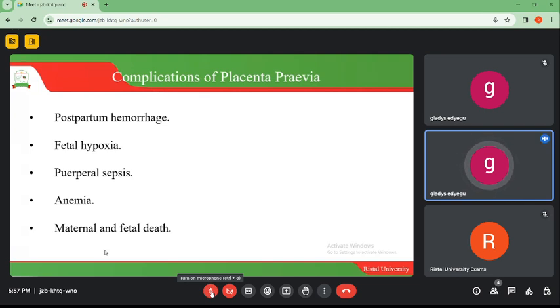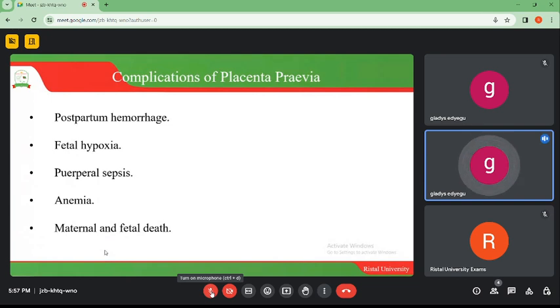So puerperal sepsis, when you look at it, is more of low supply of nutrients to those areas because there is little blood in the body. The mother is already anemic, and anemia because of the placenta previa can be the major cause of this puerperal sepsis.